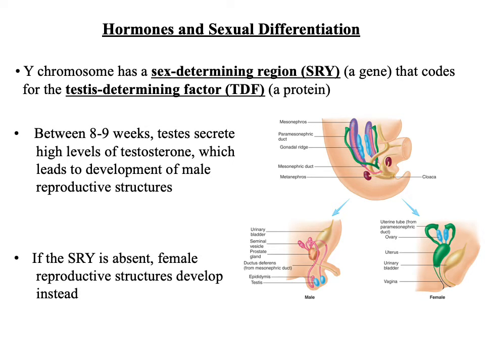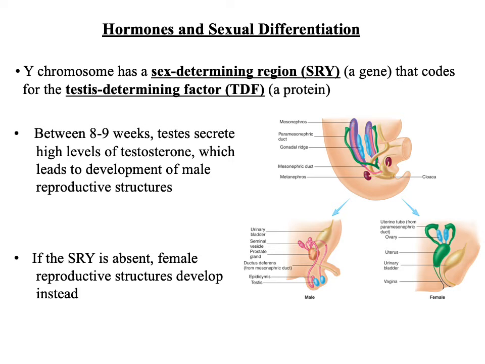In particular, there's a region on the Y chromosome, a gene, called the sex-determining region. It's called the SRY gene sometimes. That gene codes for a protein known as the TDF, or the testis determining factor.